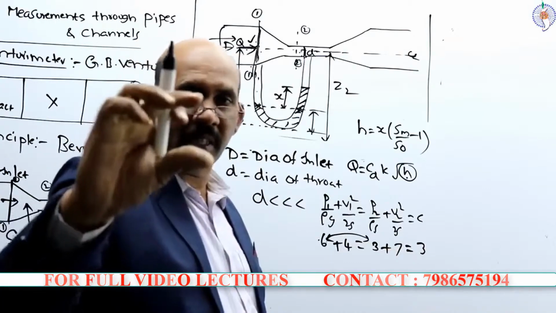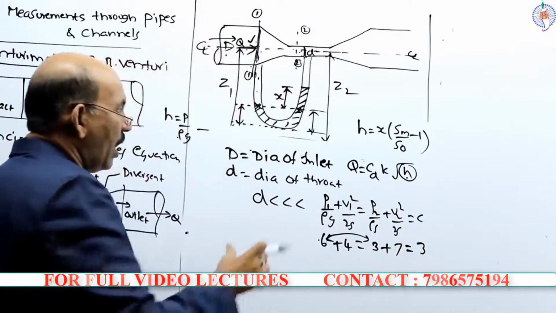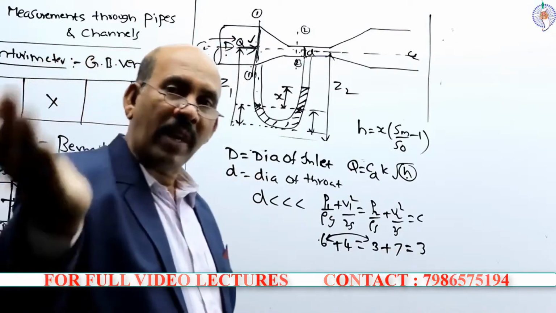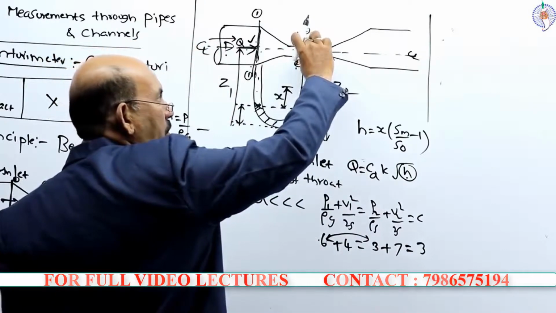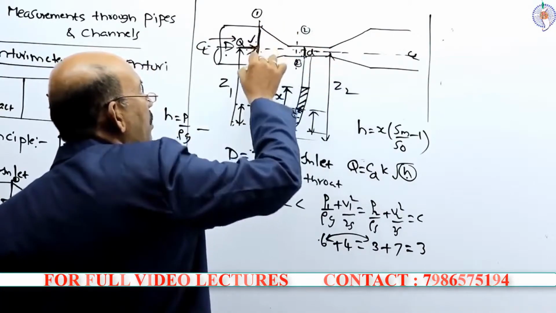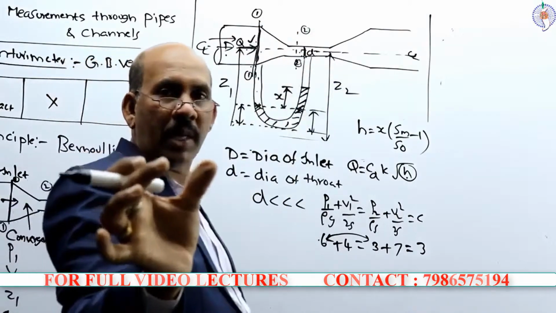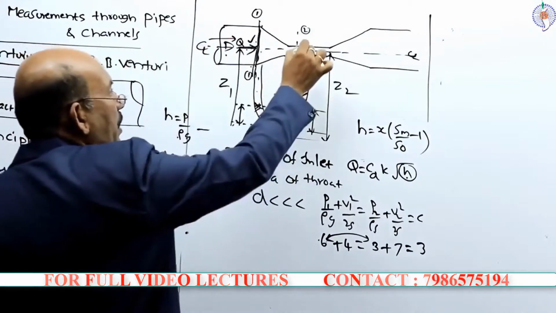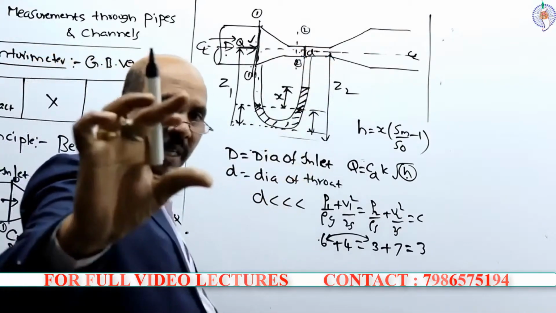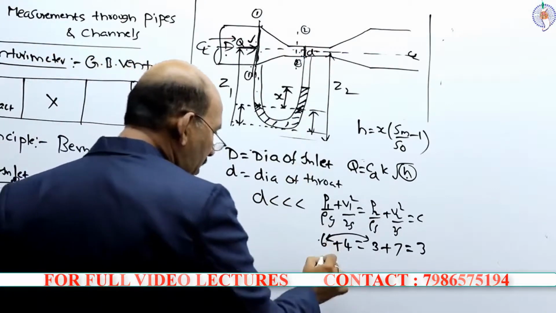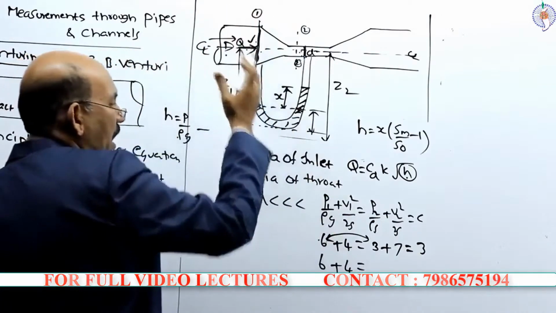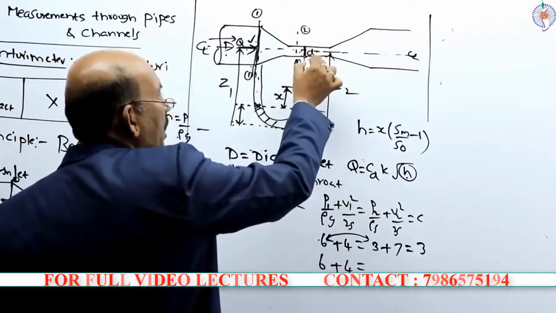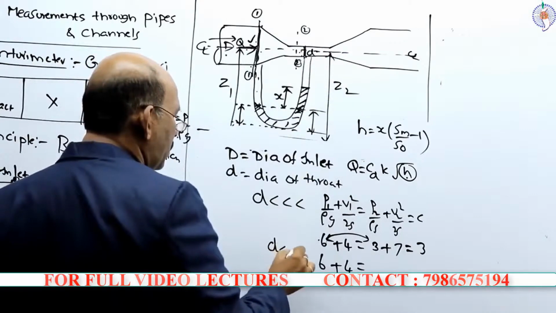Further, if you reduce this diameter, this is a constant 6 plus 4 because it is equal to the diameter of the pipe at the inlet, and I am reducing the diameter further.